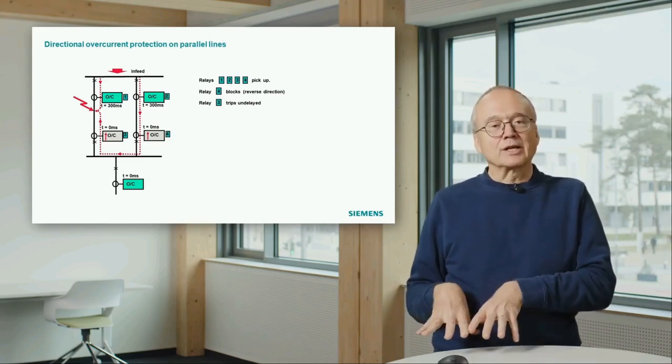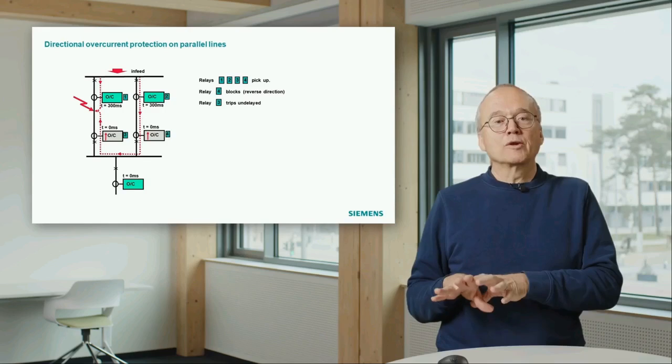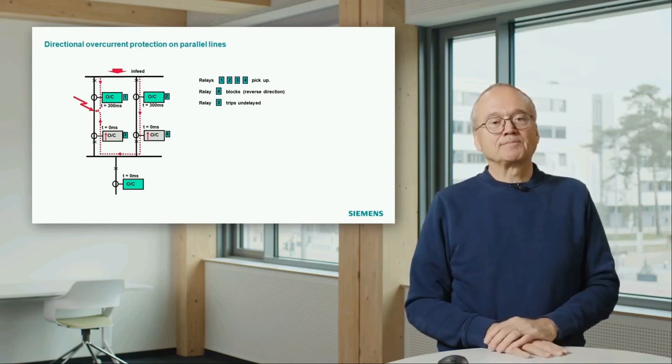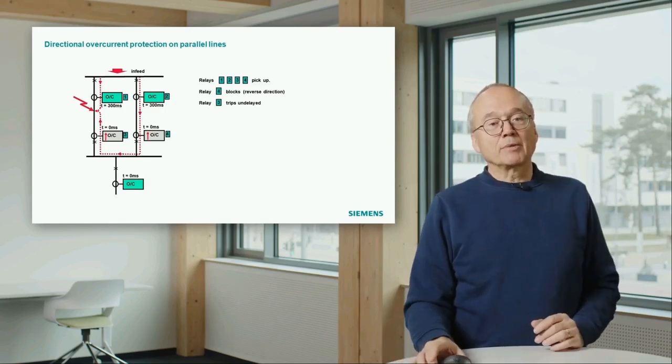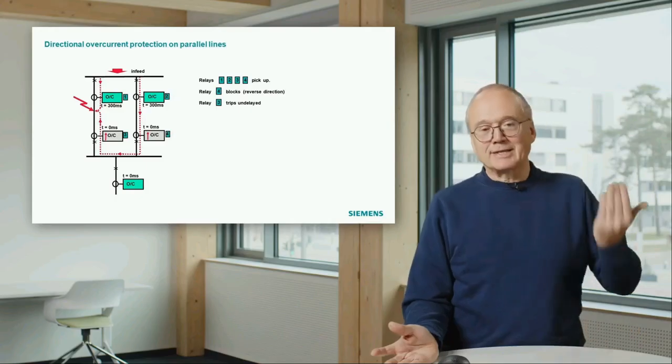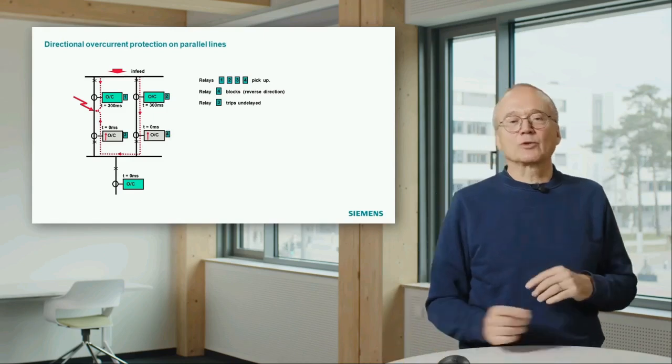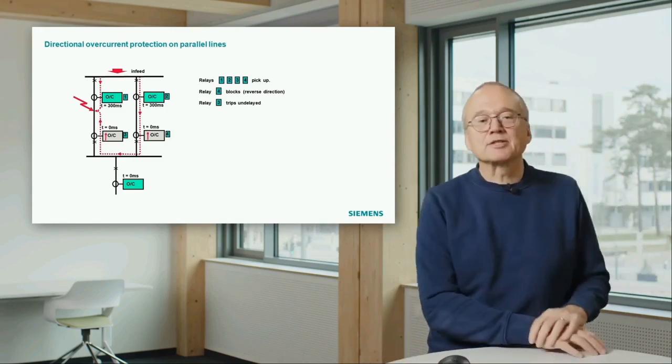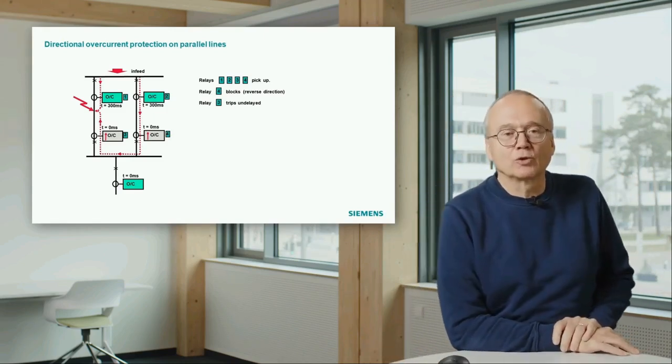That means relay number 4 will block the timer. And relay number 3 sees a current flow according to the setting, and it can react to that. In this relay, it doesn't make sense to have any timer setting, because if this relay sees a current flow in this direction, it must be the situation that there is a short circuit on that line.